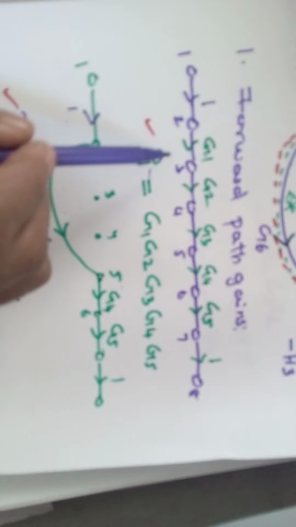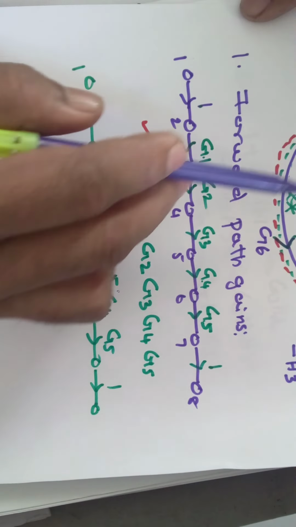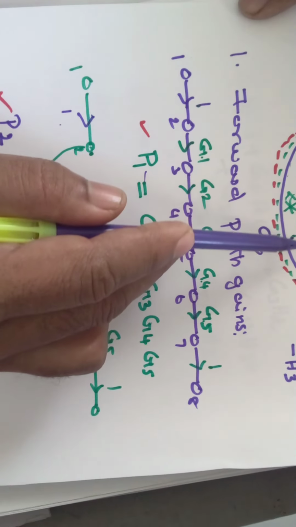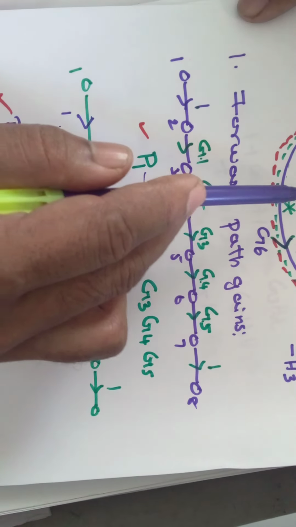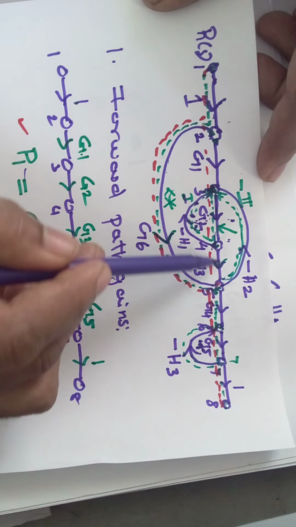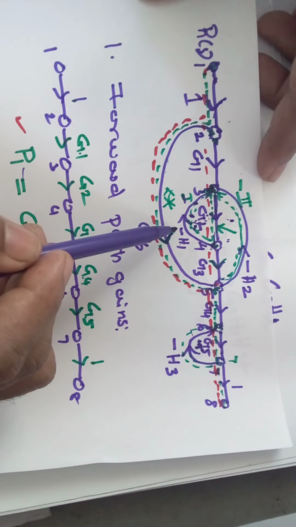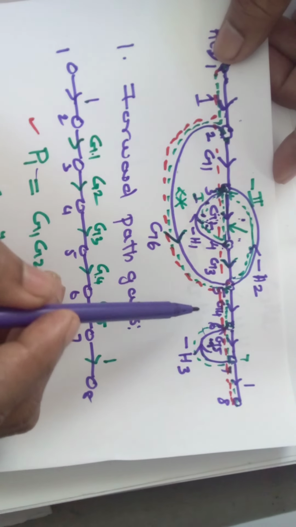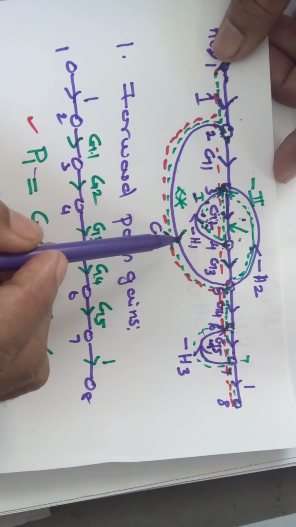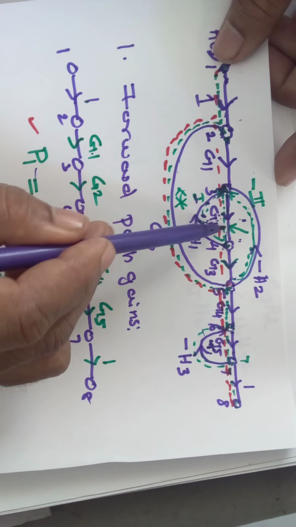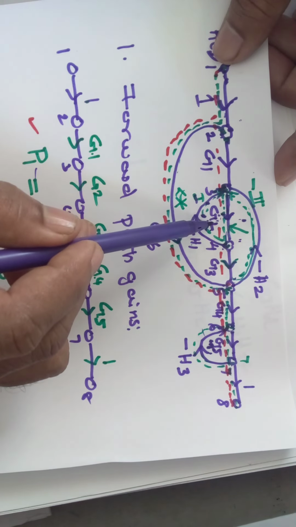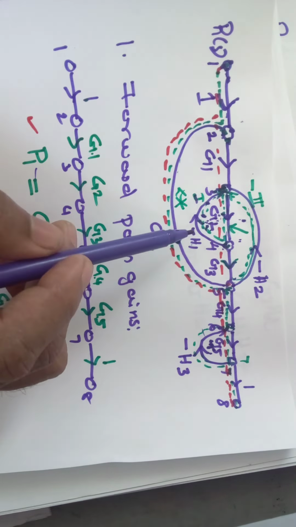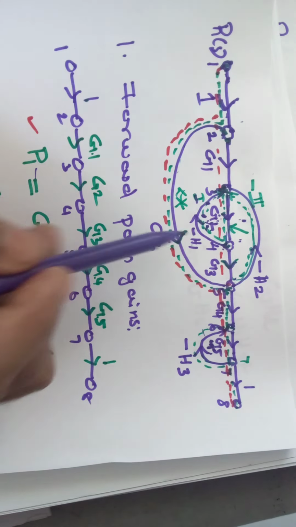And delta 2 is calculated as follows. You see here this is your first forward path. This forward path is touching the entire system, understood? But for delta 2, you just see P11, P11 means this loop. This loop is the part of the graph which is not touching the second forward path.